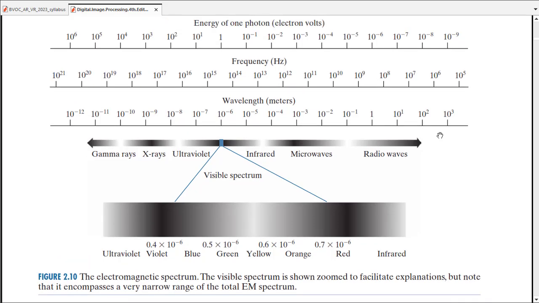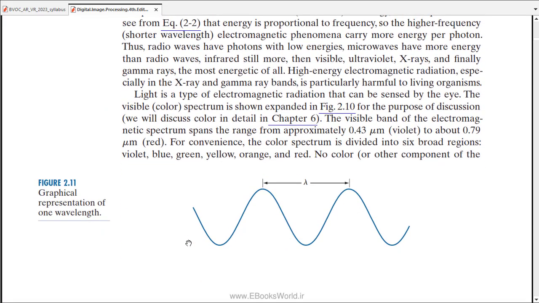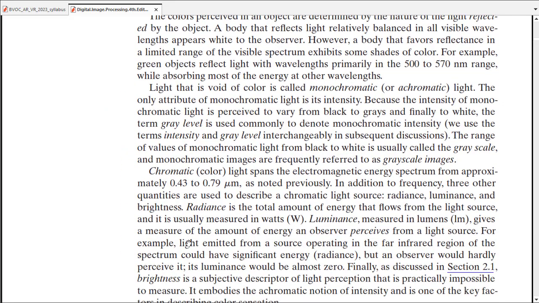Frequency is measured in hertz and wavelength in meters. In the visible range there are different colors: infrared, red, orange, yellow, green, blue, violet, and ultraviolet. Here is the graphical representation of wavelength.